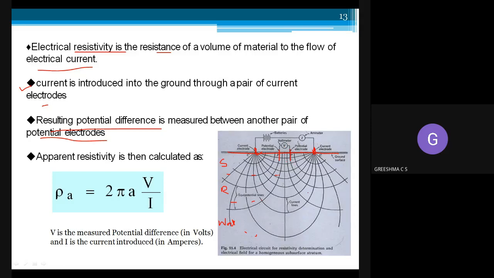From this potential difference you can calculate the apparent resistivity, and using it we can predict the material lying below the earth surface.